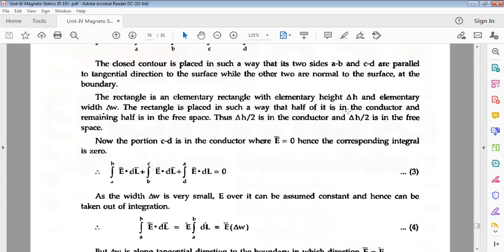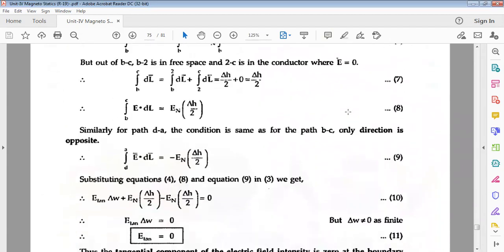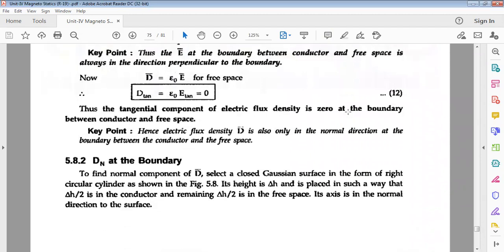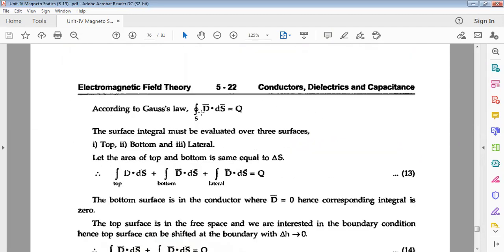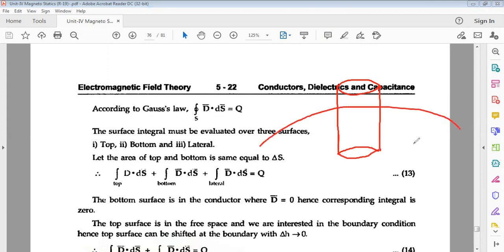Now, according to the Gauss law, the integral of D bar dot ds bar is equal to Q. The surface integral must be evaluated over the three surfaces because we assume a cylinder to find the normal component. Half the part is in the dielectric and half the part is in the conductor.